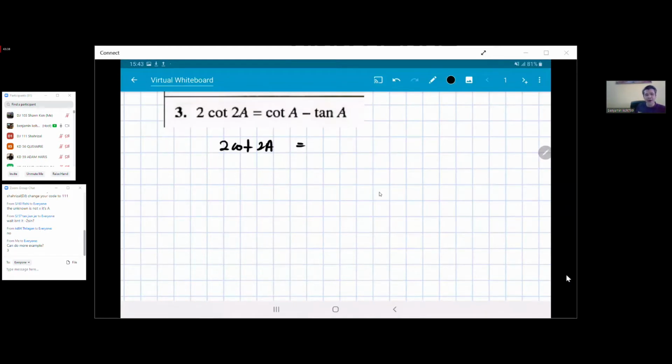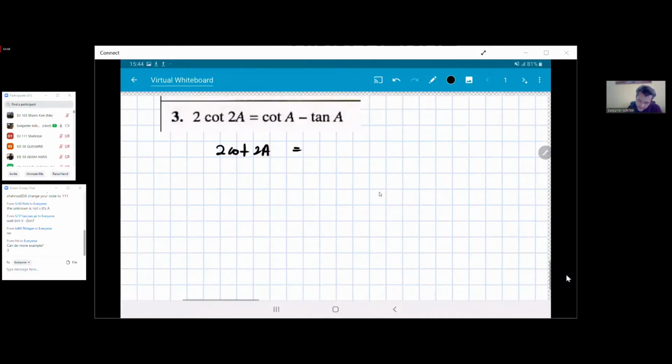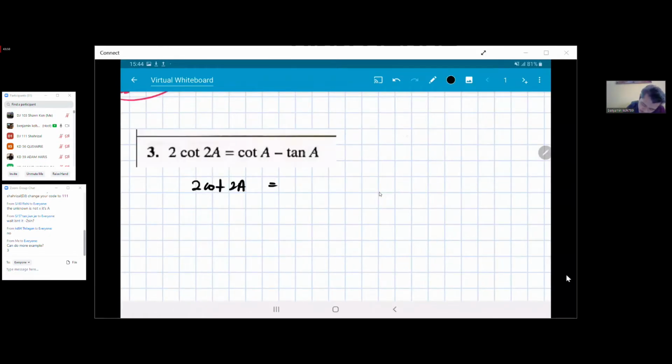This one has a double angle, but remember, double angle only has three: sine, cos, tangent. There's no cot. From what you are supposed to memorize, cot is equal to cos over sine. That's one.